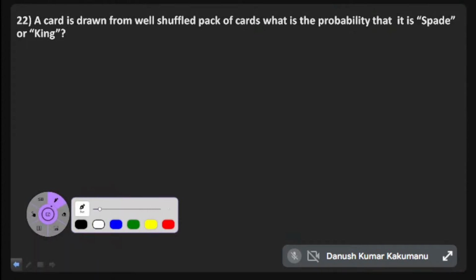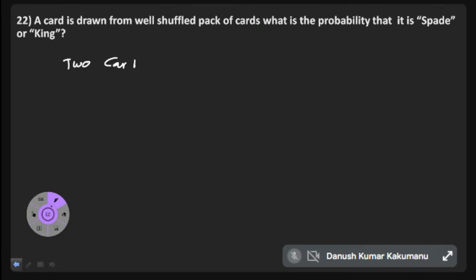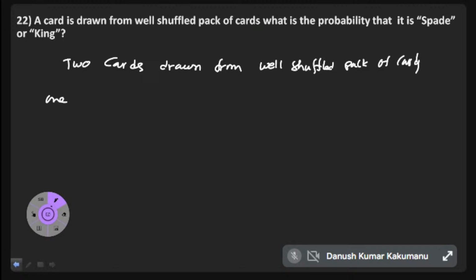Two cards are drawn from a well-shuffled pack of cards, one after another, without replacement.